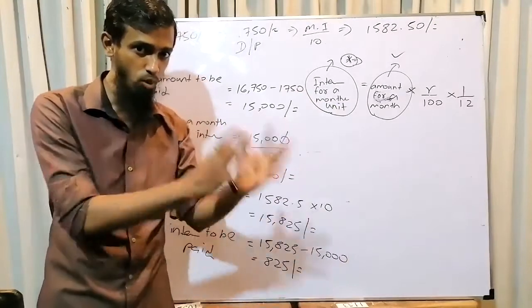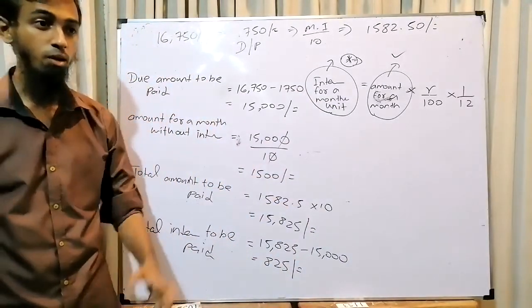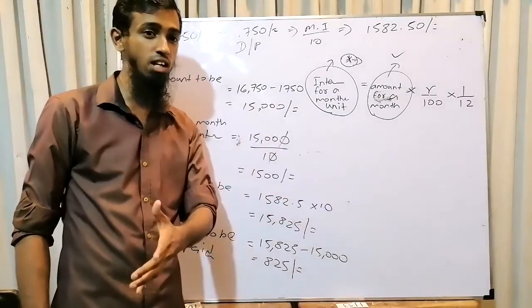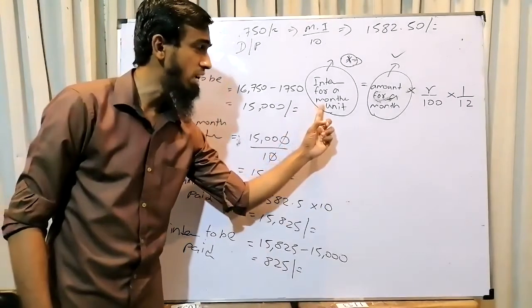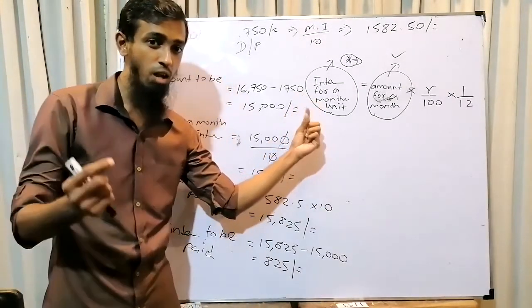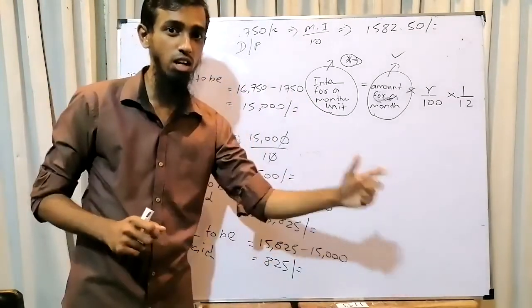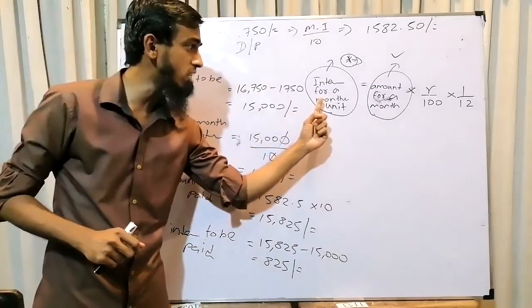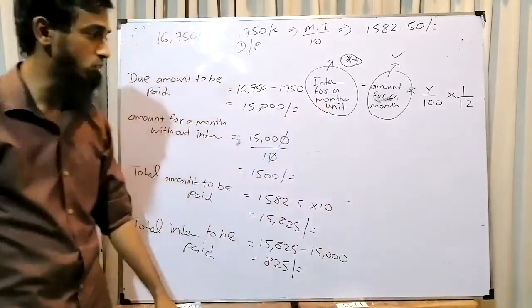Yes, number of month units and total interest are connected with the interest for a unit. If you multiply interest for a unit by the number of month units, it will give the total interest. So to find the interest for a month unit, we need the number of month units.